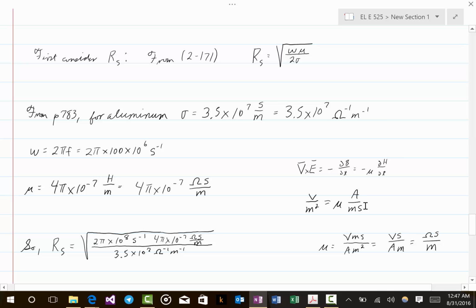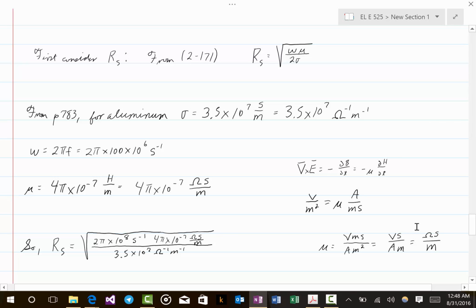And so if we multiply both sides by meter second and divide both sides by ampere, we get mu is equal to volt meter second over ampere meter squared. Now we can cancel a meter in the top and the bottom. That's volt second over ampere meter. And a volt per ampere is an ohm, so this is the same thing as an ohm second divided by a meter.